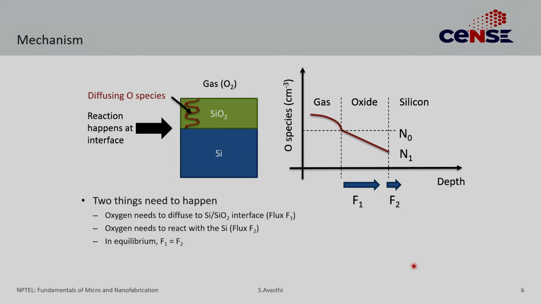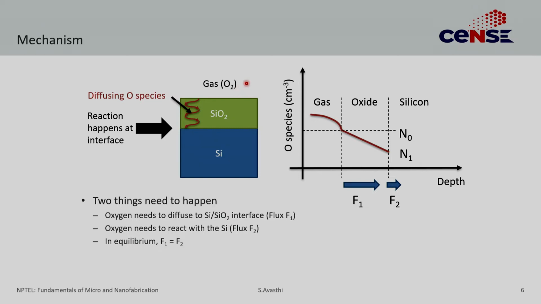So, fundamentally what is happening is the following: you have your silicon wafer and on top of that you have grown some silicon dioxide. So, let us say we started this process at t equal to 0 and we have suddenly started analyzing it at t equal to 10 minutes. By this time some thickness of silicon dioxide has grown. Above the silicon dioxide is your oxidation source. This can be water, this can be oxygen.